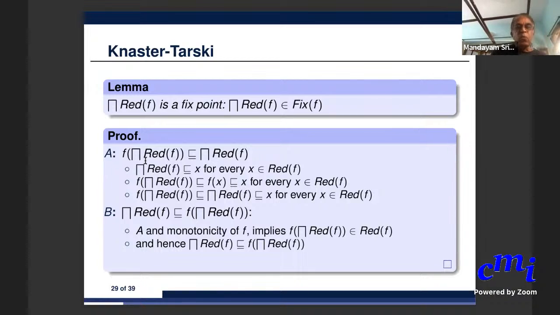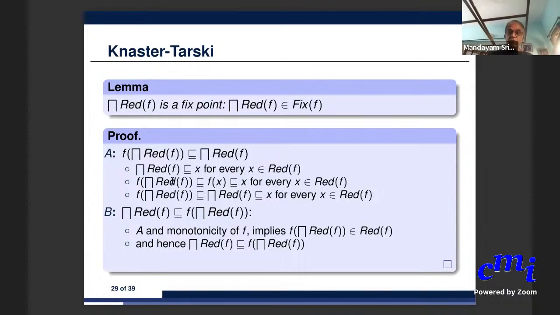The greatest lower bound of the set of all elements in the reductive set is a lower bound. Therefore, the greatest lower bound has to be less than or equal to x for every element x in the reductive set.